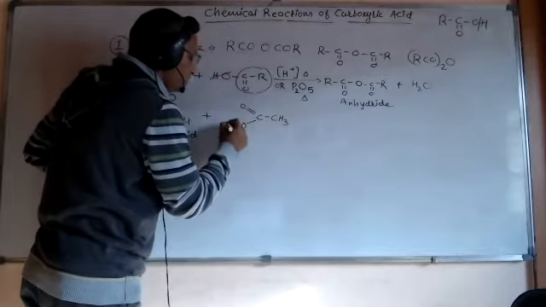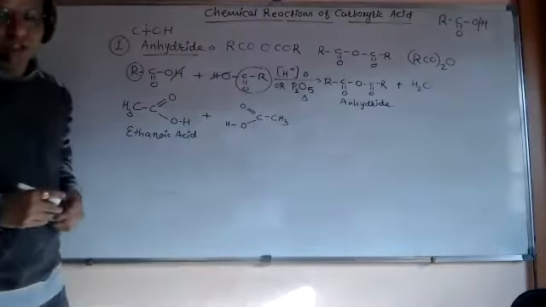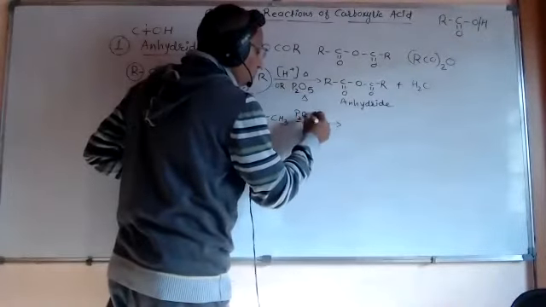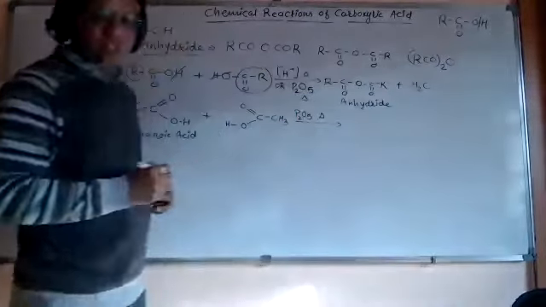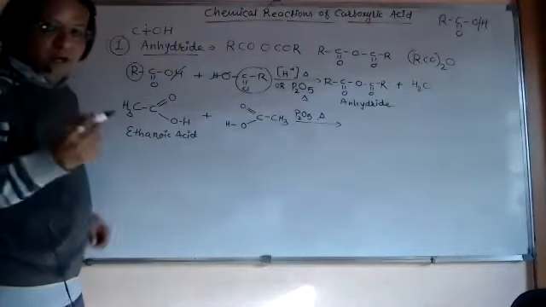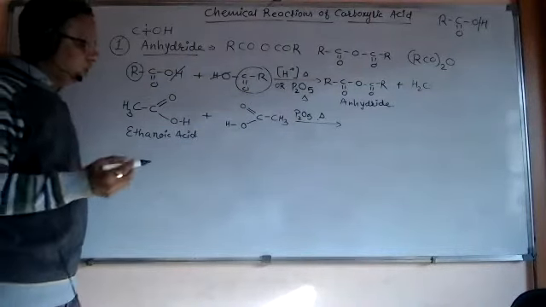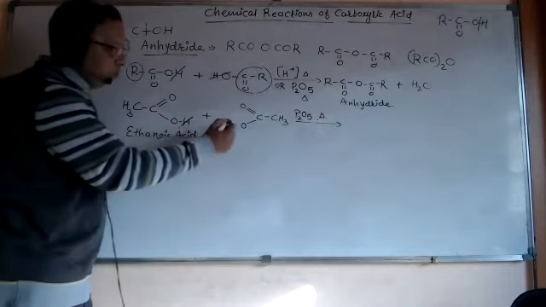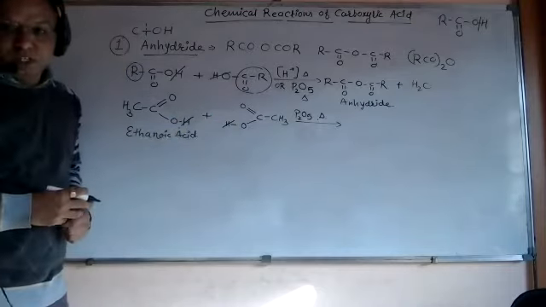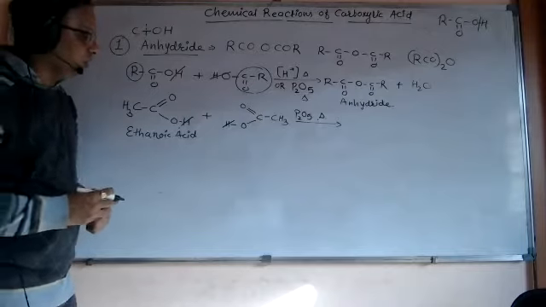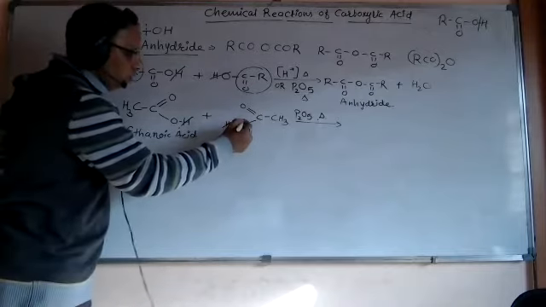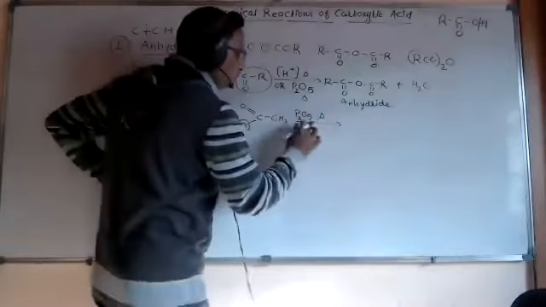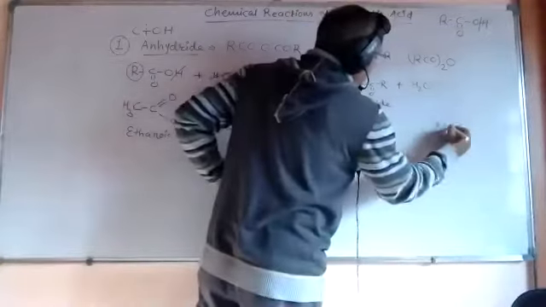This is CH3COOH. Once again, the catalyst is the same, P2O5, delta temperature is required, and by the same thing, what will happen? OH from here, friends, and another H from here, and one oxygen will be removed. So H and OH will be removed as H2O.